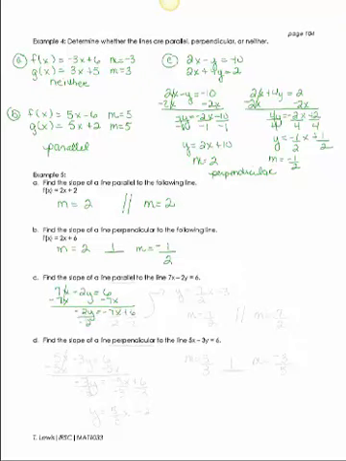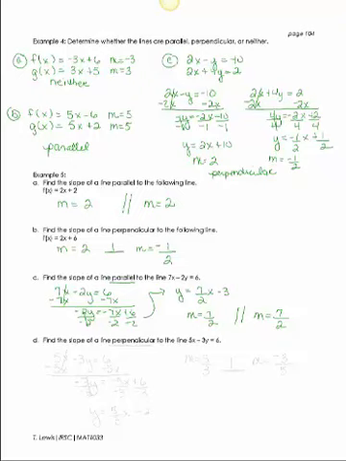Divide by negative 2. Our equation is y is equal to 7 over 2 x minus 3. So its slope here is 7 over 2. And because we're looking for a parallel slope, we're going to have the same slope, 7 over 2.